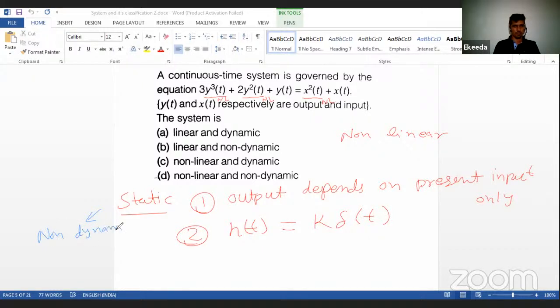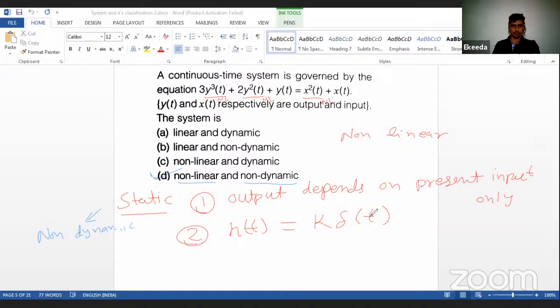And for the linear and non-linear definition, I've already told you that this is a non-linear operation, and this is non-linear. So the system will be non-linear and non-dynamic. So the answer will be D.